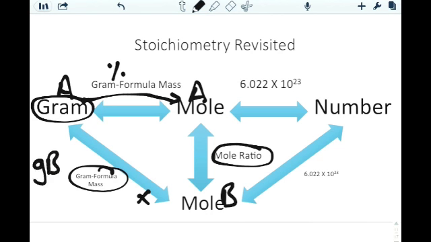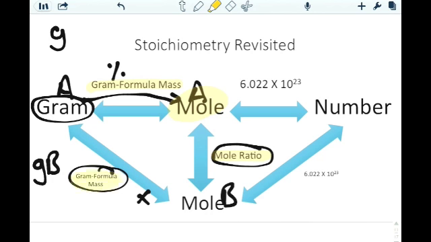Okay, basically what this boils down to: anytime you see grams, whatever you see it by, or mass or anything like that, you're going to need the gram formula mass. Once you get it to moles, you can convert it to anything else in the equation by using the mole ratio. And then again, if I want to get it back in grams, I need the gram formula mass.